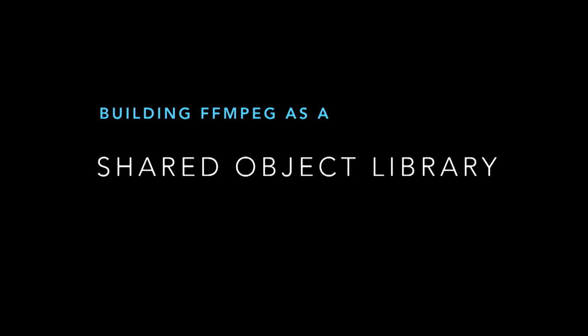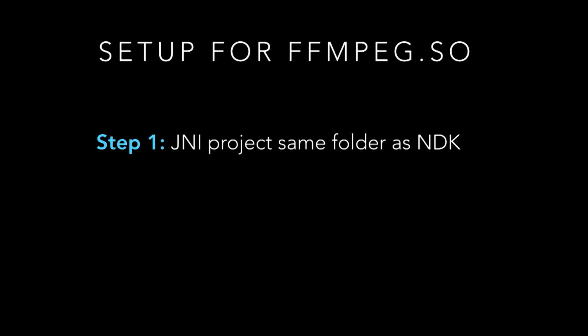So the setup for this process is similar to the executable process. You have to download all the source code and put it under the NDK sources folder. And the other thing you need to do is put your JNI library project code in the same directory as your NDK.